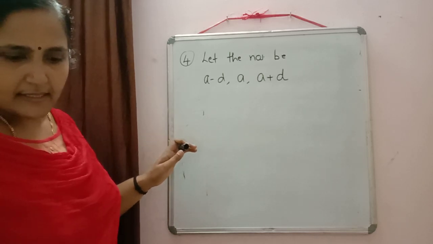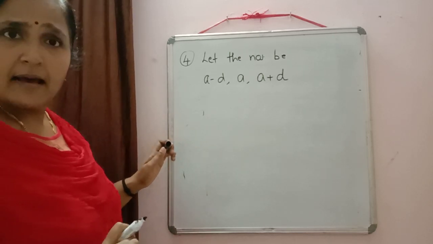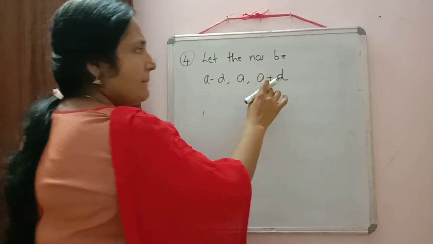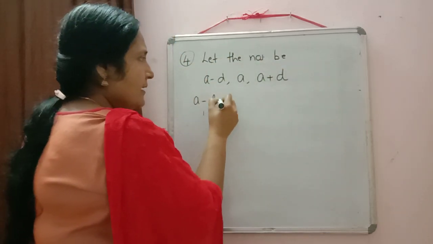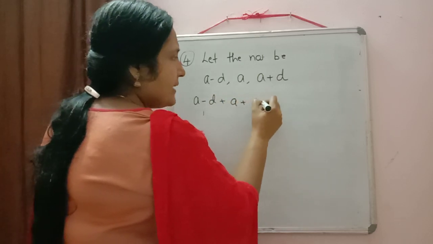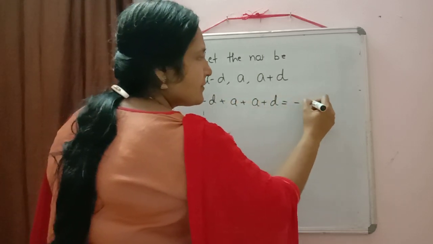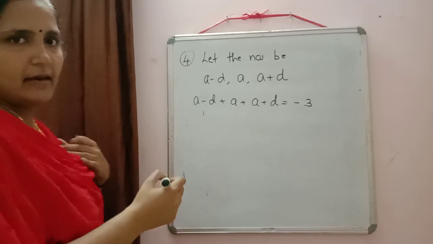Now it is given sum of these 3 numbers is -3. Their sum is equal to -3. So A minus D plus A plus D is equal to -3 is given.